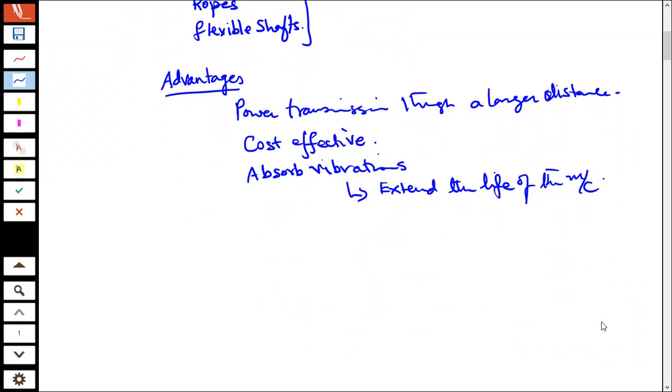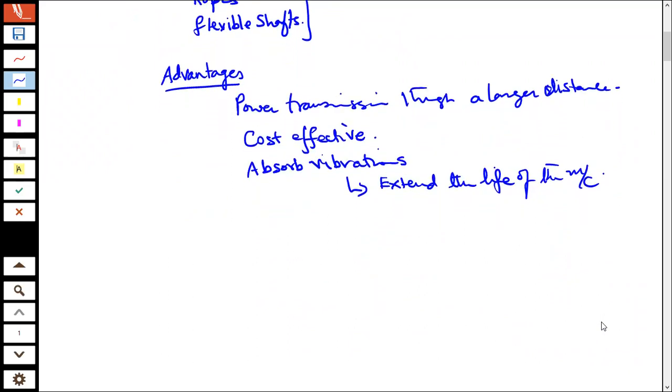Also, these are, you can say, easy to maintain. So there are different advantages of these flexible power transmission elements.